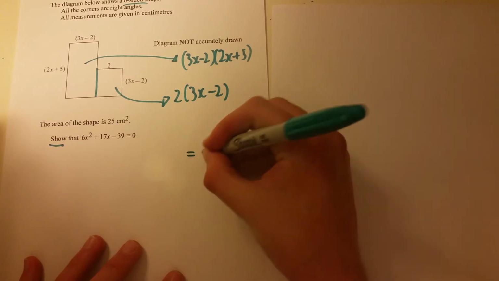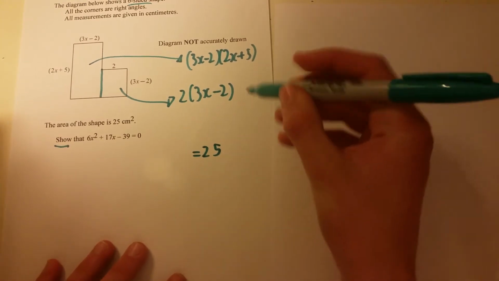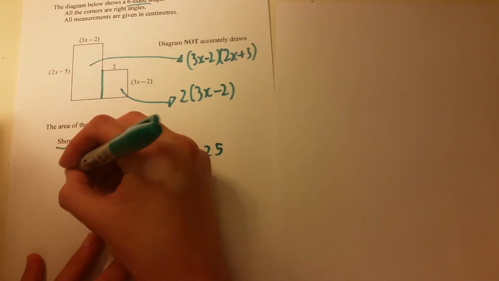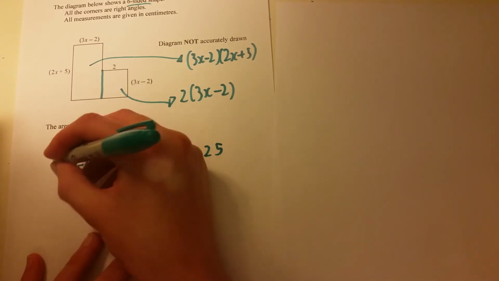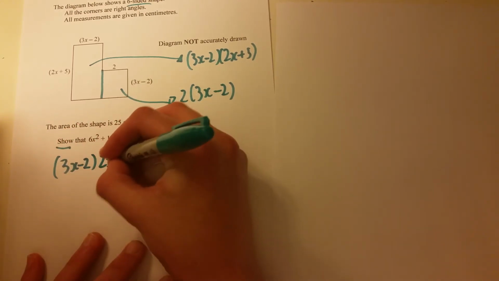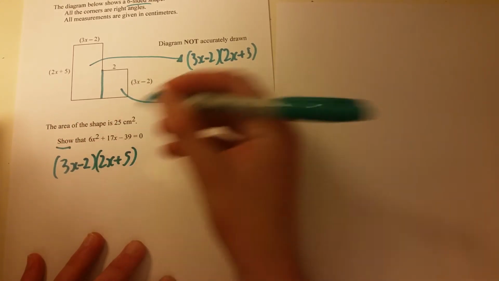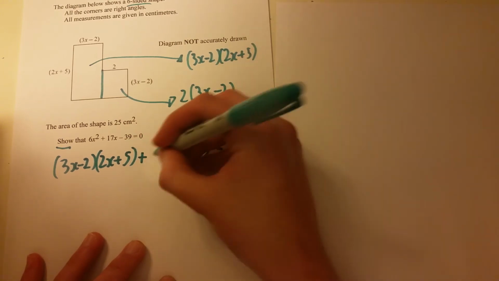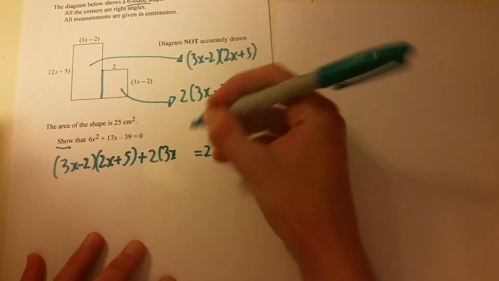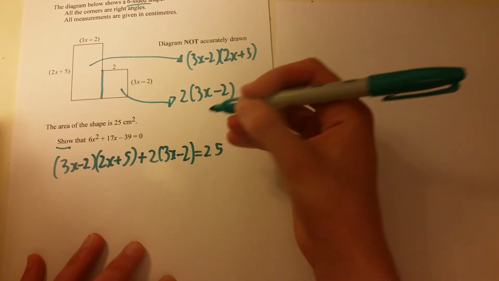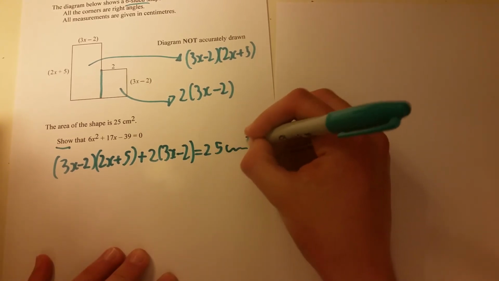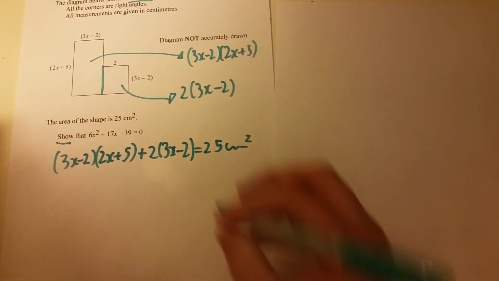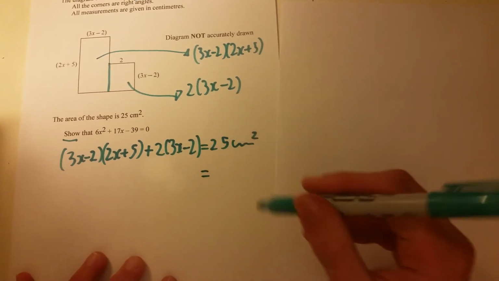Therefore, you can already start to form an equation. 3x minus 2 multiplied by 2x plus 5, added to 2 times 3x minus 2, will be equal to 25 centimeters squared. Now you can expand the brackets.